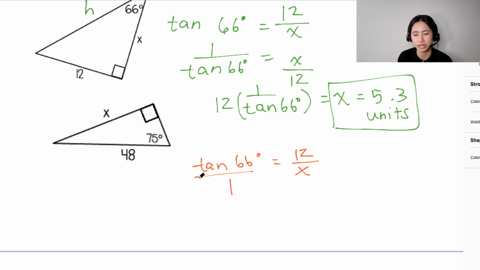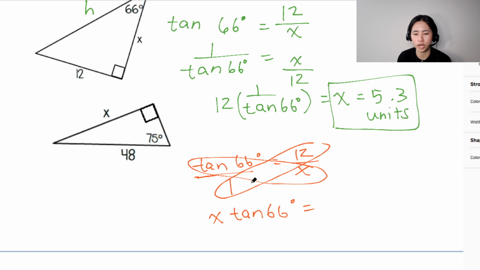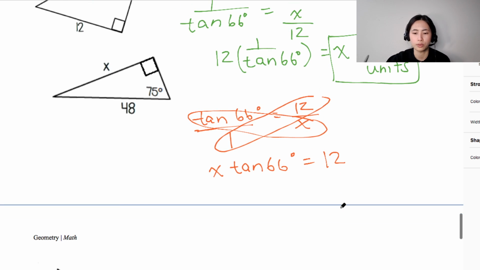So you've probably learned about cross multiplication, so you can just multiply this and this, right? So we would have x tangent 66, which is equal to, again, you're going to cross multiply 12 times 1, right? Or 1 times 12, and make sure you have that equal sign because you do have an equal sign over there. So now this is going to be 12, right? So after that, you're going to have to divide both sides by tangent 66 degrees.